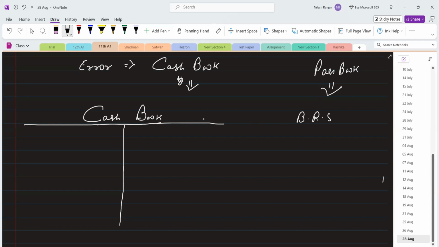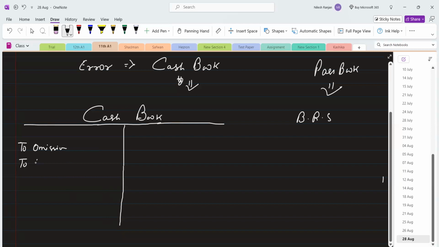Now there are certain things that can be a mistake. Maybe there is an omission of an item on the debit side, so you'll write here "to omission of something." If there is a calculation mistake, that you have a wrong total on the debit or credit side, in that case, you have to write "to undercast" or "to overcast."